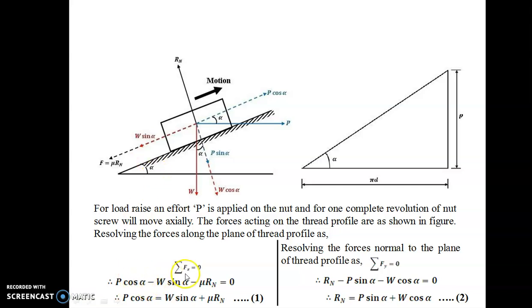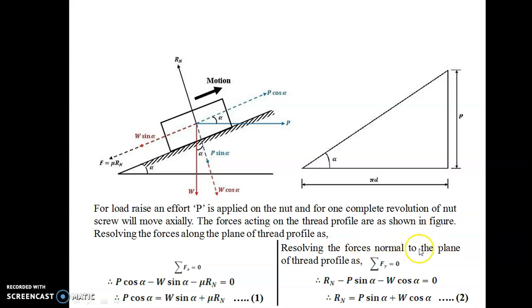So summation Fx is equal to 0. So P cos alpha minus W sin alpha minus mu Rn is equal to 0. So P cos alpha is equal to W sin alpha plus mu Rn. Call this equation 1.